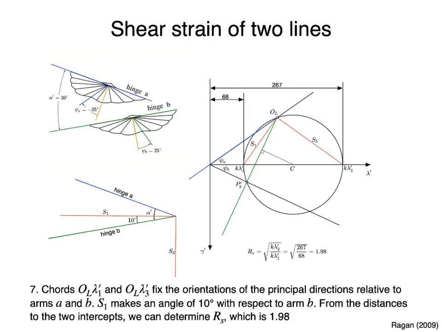On the Mohr circle, the lines OL lambda prime 1 and OL lambda prime 3 tell us the orientations of the principal directions relative to arms A and B. S1 makes an angle of 10 degrees with respect to arm B, and S3 is of course perpendicular to S1. From the distances to the two intercepts, we can determine the strain ratio, Rs, which is 1.98. The strain ellipse in the Mohr circle and on the rock slab then looks like this. This is the end of the exercise.